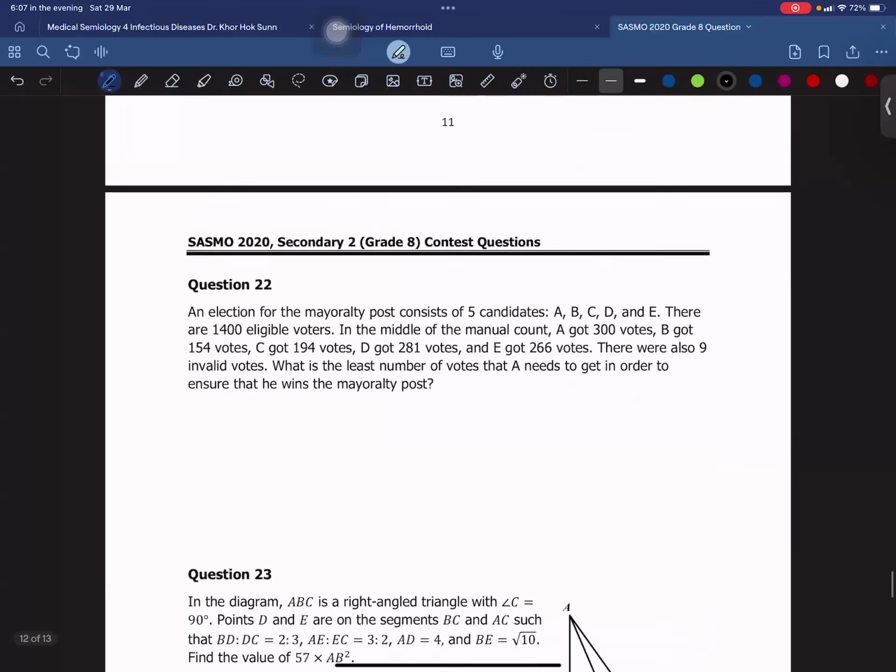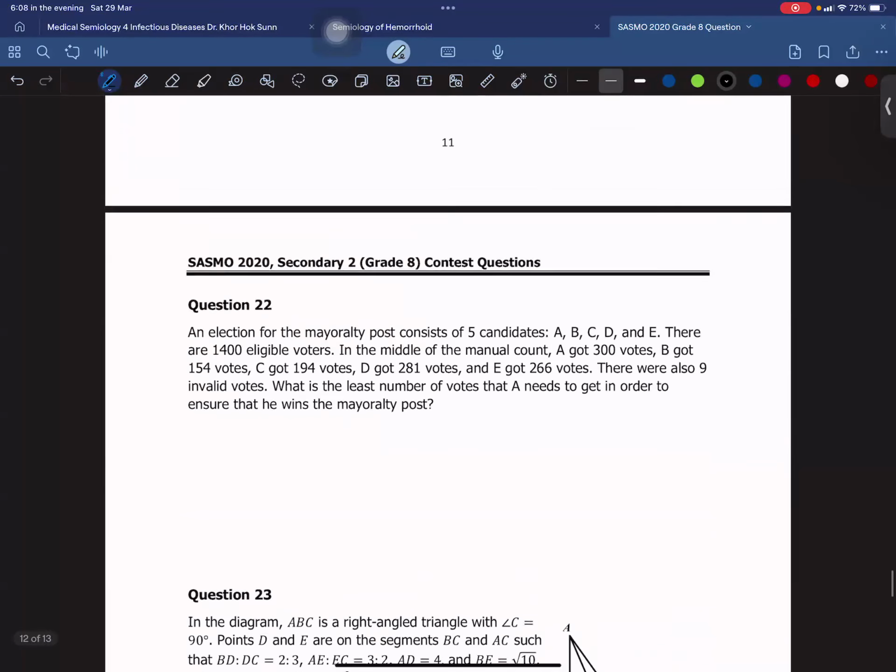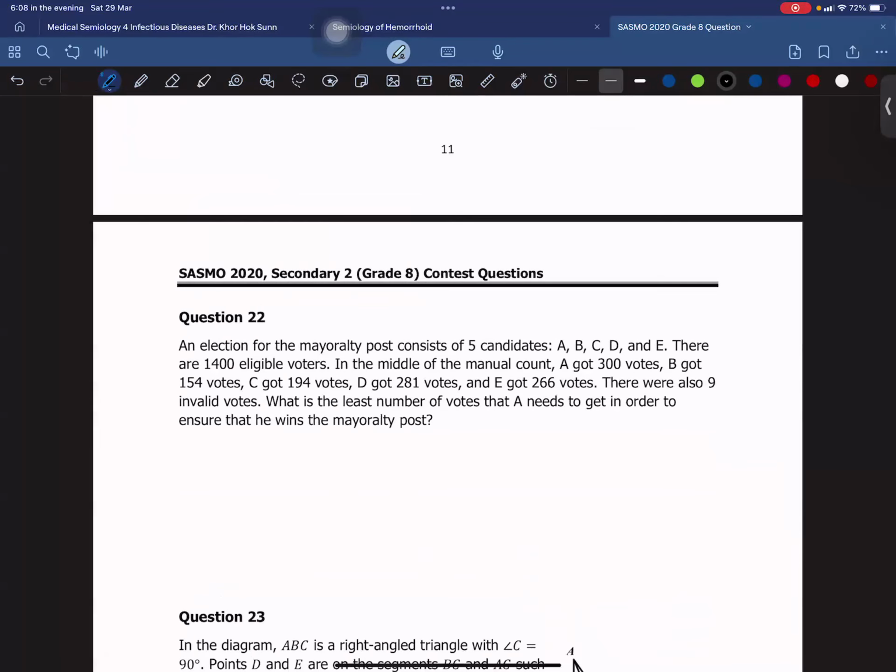Okay, let's go through. An election for the mayoralty post consists of 5 candidates, A, B, C, D, and E. There are 1,400 eligible voters.